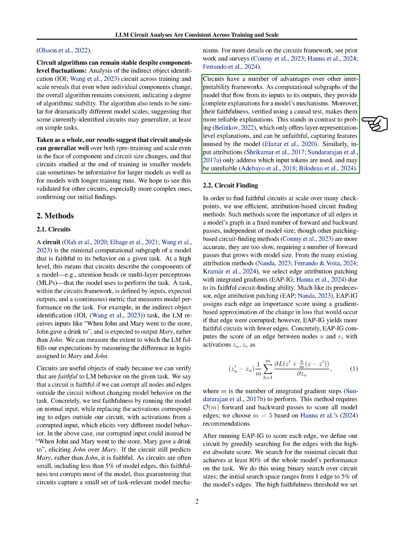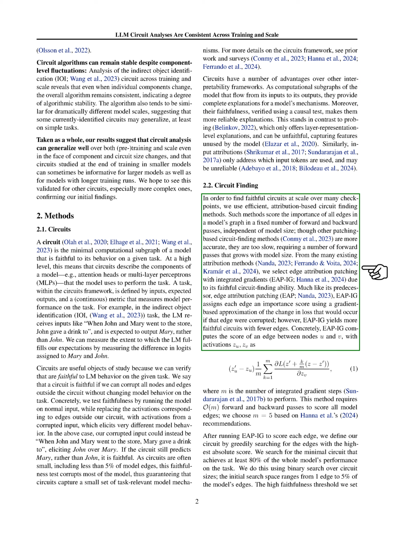Section: Circuit Finding. In this section, we explore how we can find accurate circuits efficiently across multiple checkpoints using attribution-based methods. These methods help us evaluate the importance of connections in a model's graph without being influenced by the model's size.